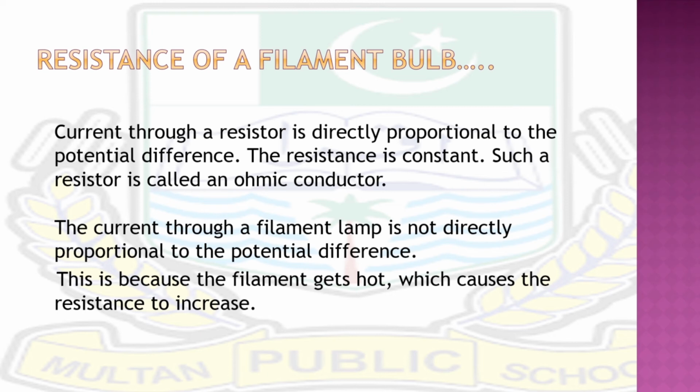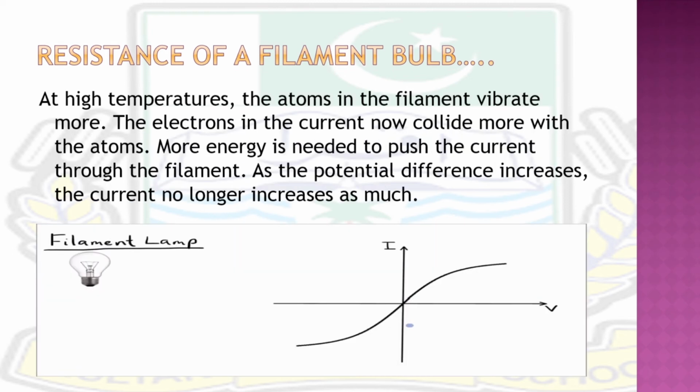This is because the filament gets hot, which causes the resistance to increase. At high temperatures, the atoms in the filament vibrate more, and the electrons in the current collide more with the atoms. So more energy is needed to push the current through the filament. As the potential difference increases, the current no longer increases as much.